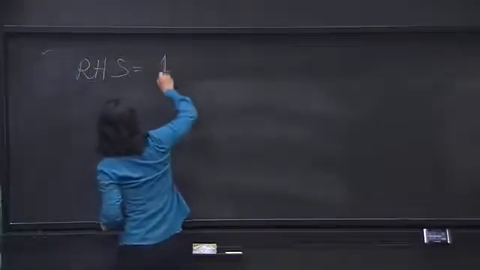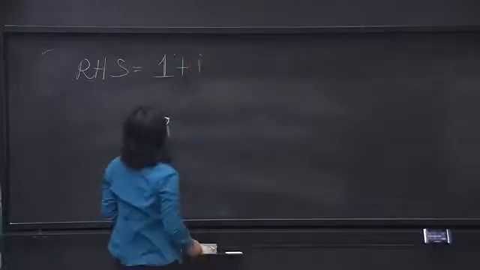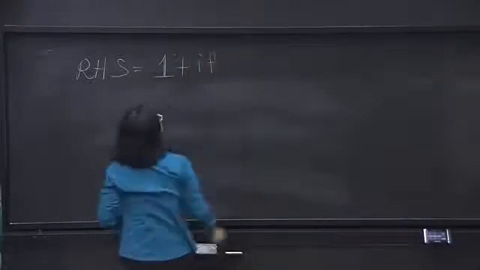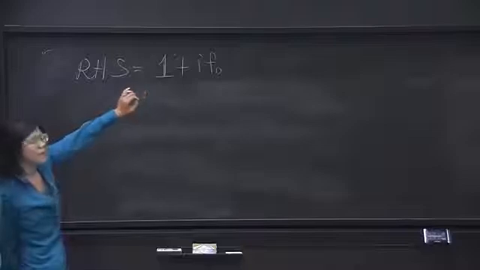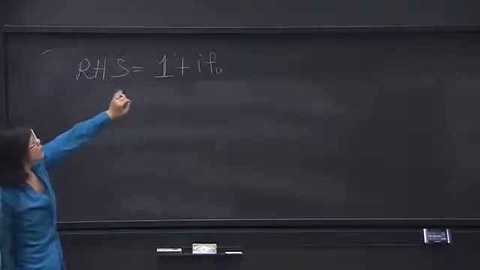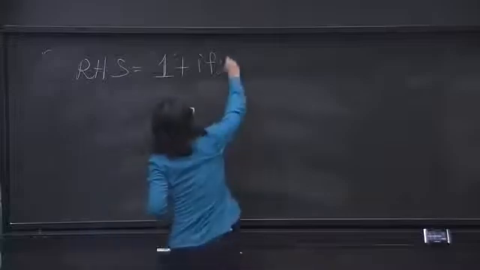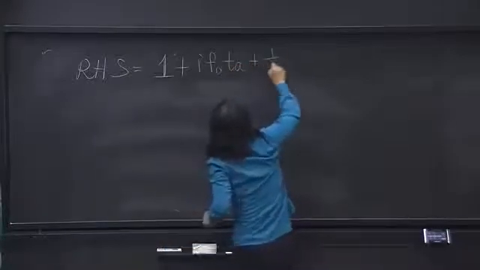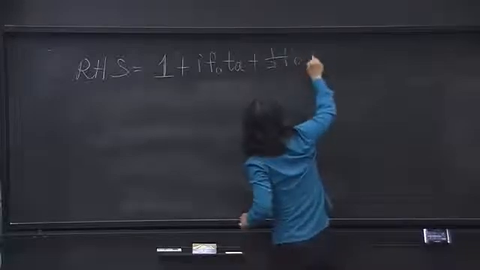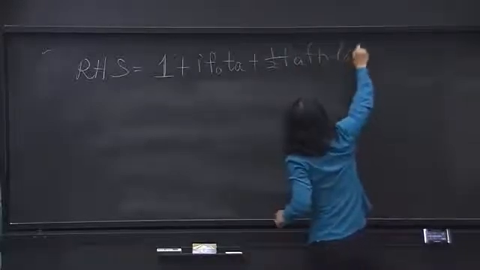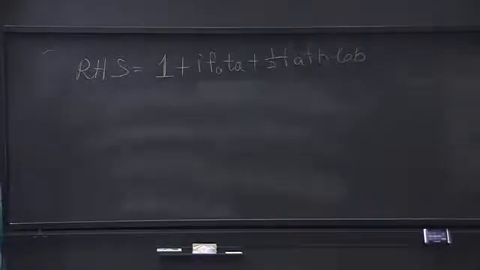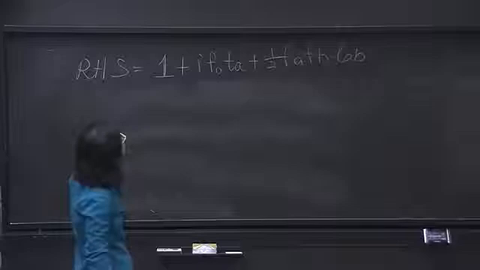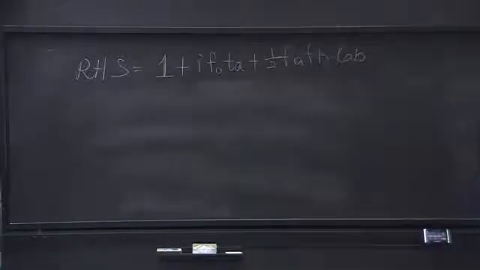So I'll write it as 1 plus I, except now I have F A, because my argument is F tilde now, T A, plus 1/2 F A F B L A B. And then this is the long part, because we actually know what F A is. F A is that expansion.